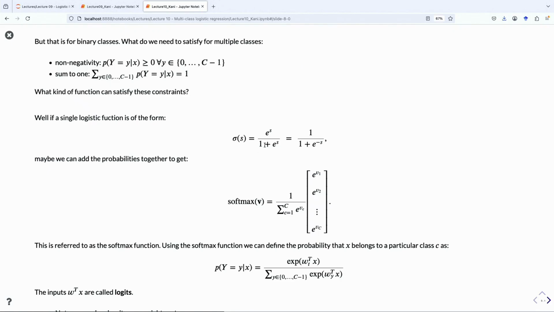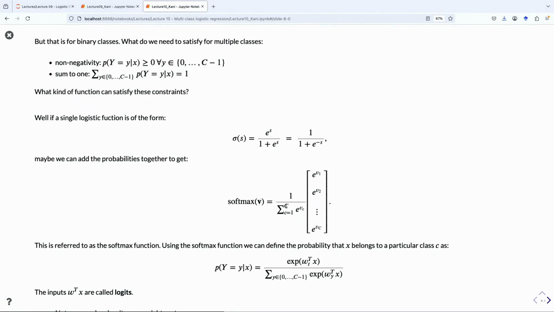Then we could add all of the different probabilities together to get a simple sum.